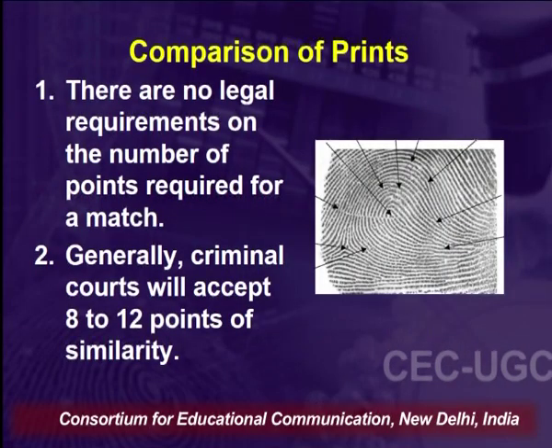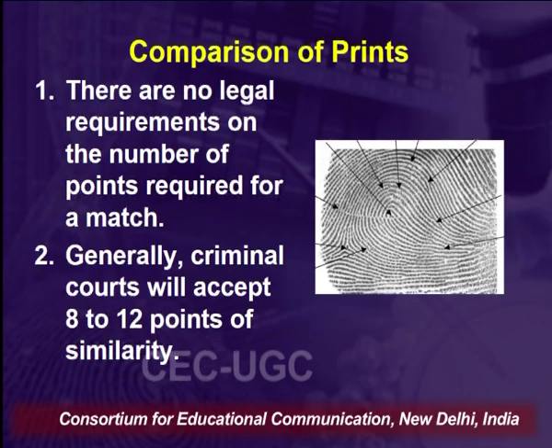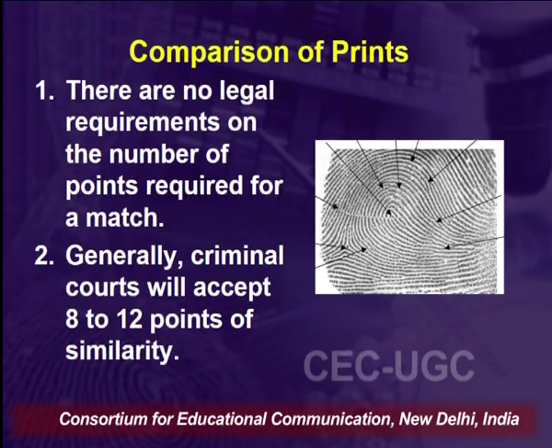Certain times there is a legal requirement on the number of points required for a match, which is not given by the court of law but by the fingerprint experts. They compare around 8 to 12 points for the matching of fingerprints for a complete fingerprint.